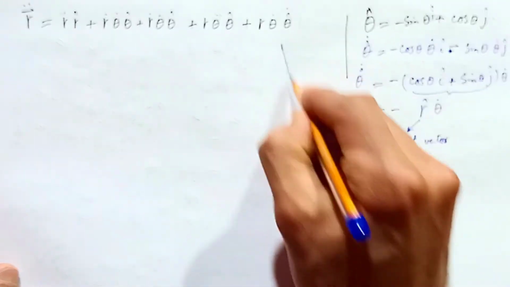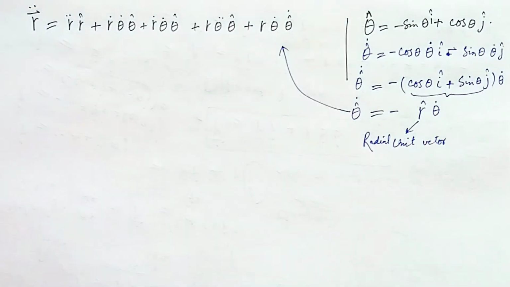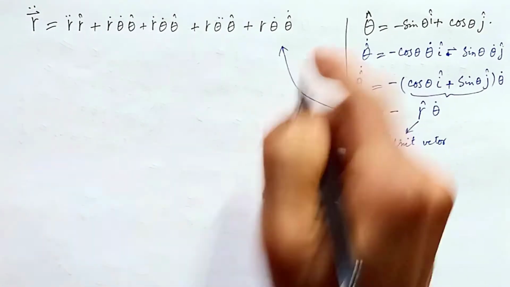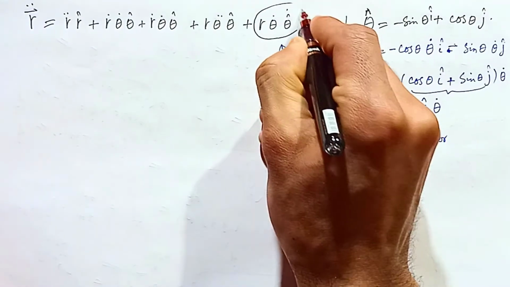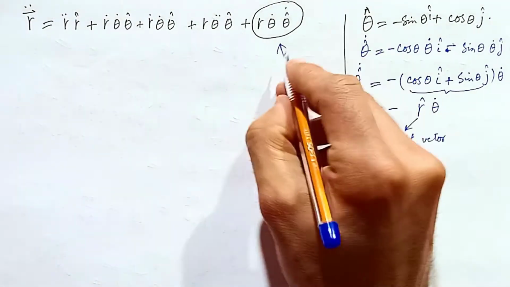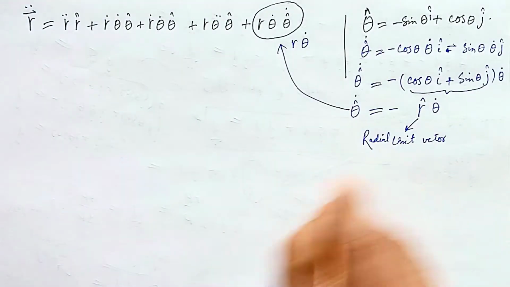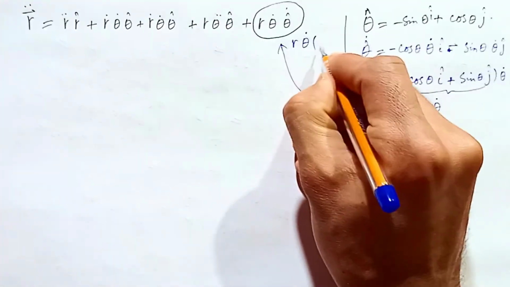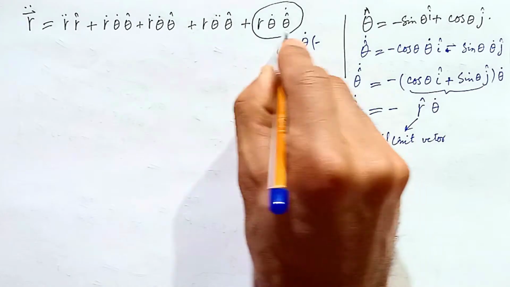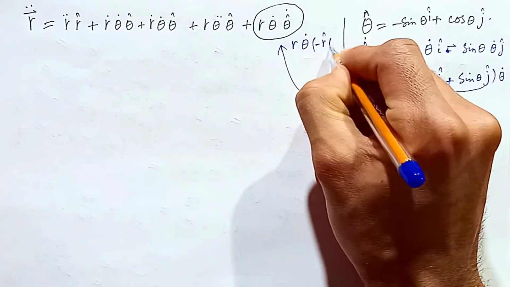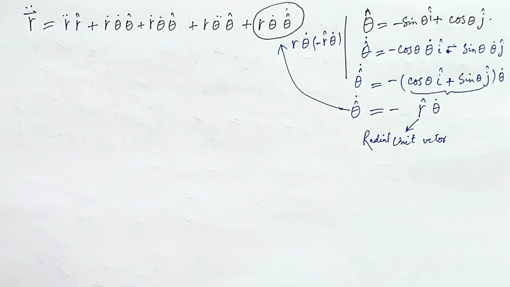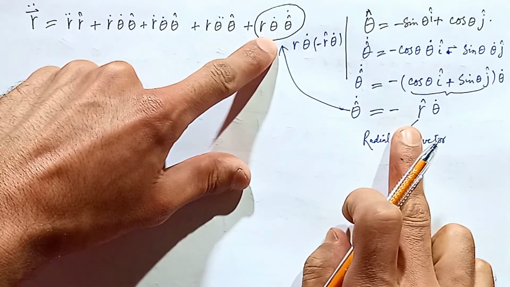So substitute this very thing here. What we'll get is r dot theta hat plus r theta dot times minus r hat theta dot.